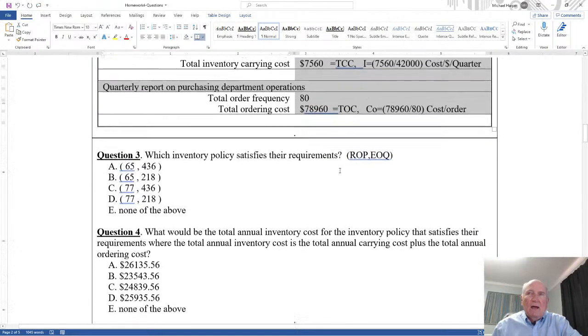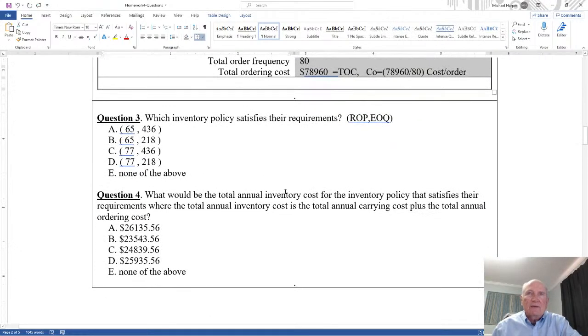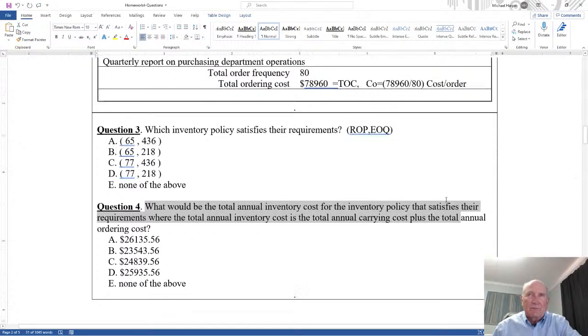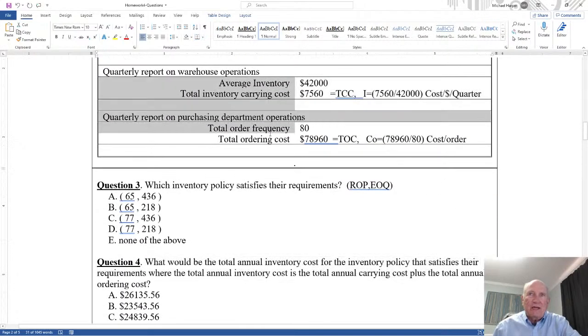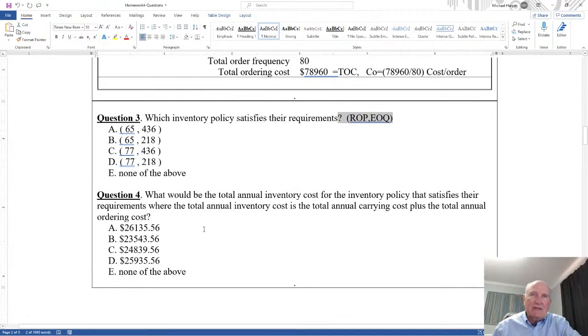Okay. And then down here, what would be the total annual inventory cost, which is the carrying and ordering cost together. So this was the ordering cost from last year, but if we're changing to EOQ, then we have to calculate the ordering and carrying cost here.